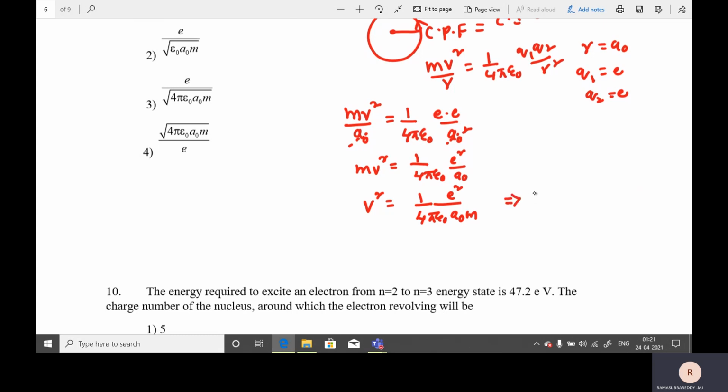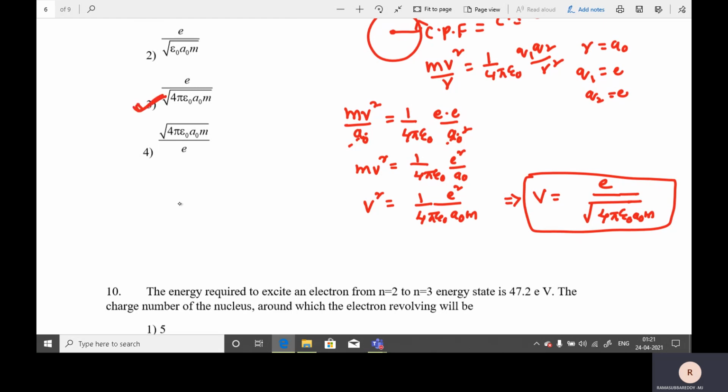Then velocity v is equal to the square root, e by under root of 4 pi epsilon naught a naught m. This is our answer. Hence option 3 is correct. Okay. Next.